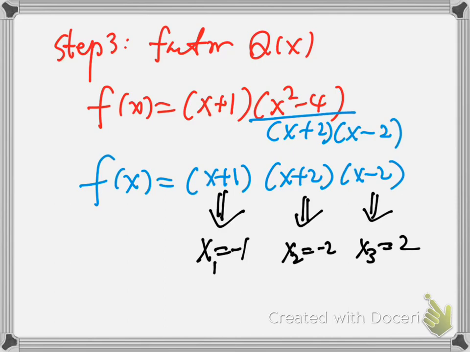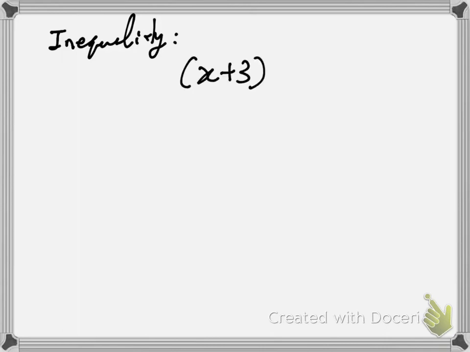So next question is an inequality question. We want to solve this inequality. This is easier. We want to solve x plus 3 times x plus 6 less than 0. Now we need zeros of all the factors, right?